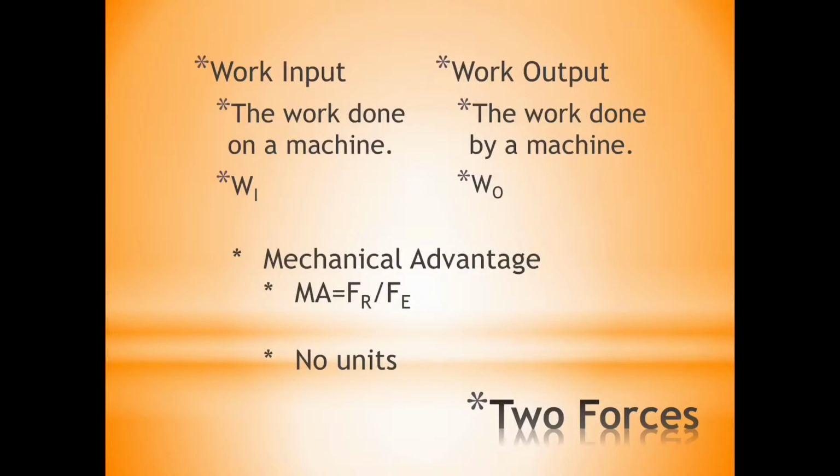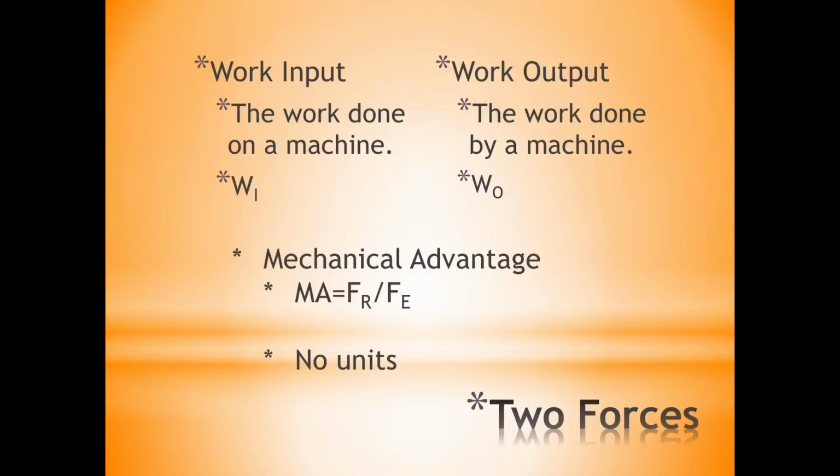So now let's talk about input, output, and mechanical advantage. Work input is the work done on the machine, and we symbolize this with a Wi. Work output is the work done by the machine, and we symbolize this with a Wo. And mechanical advantage is an equation that we can use to figure out how well the machine can do its job. So MA is equal to resistance force divided by effort force.